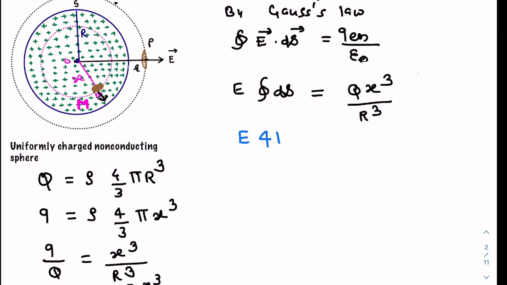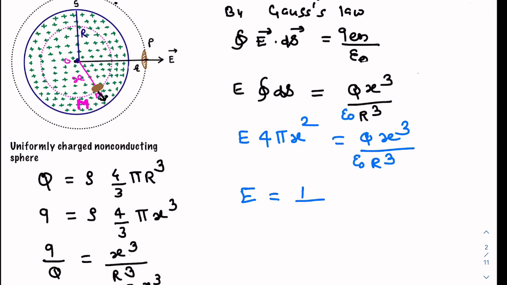Therefore, E 4 pi x square equals Q x cube by r cube, divided by epsilon 0. Now we get E: x square and x cube cancel. Then we get E equals 1 by 4 pi epsilon naught Q x by r cube.